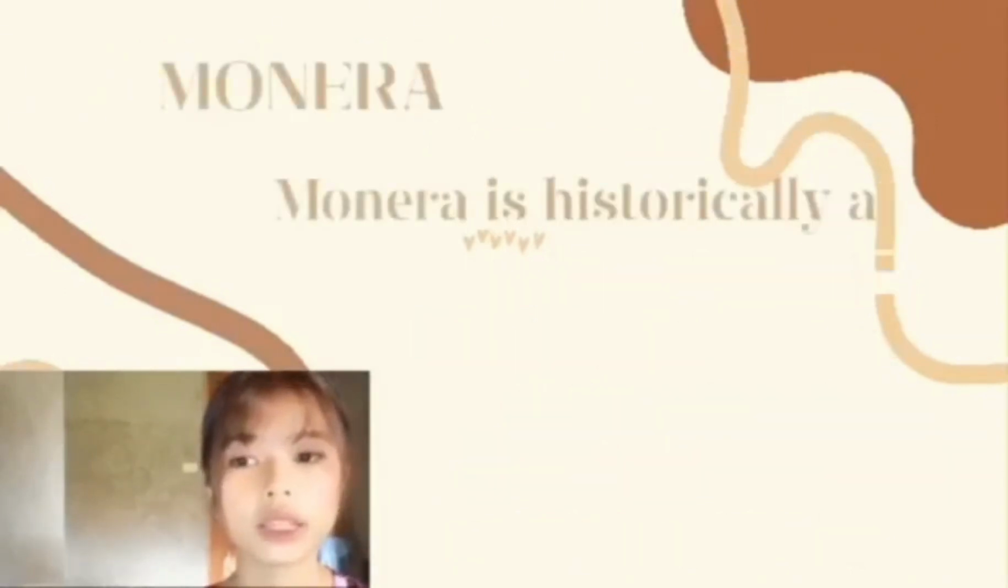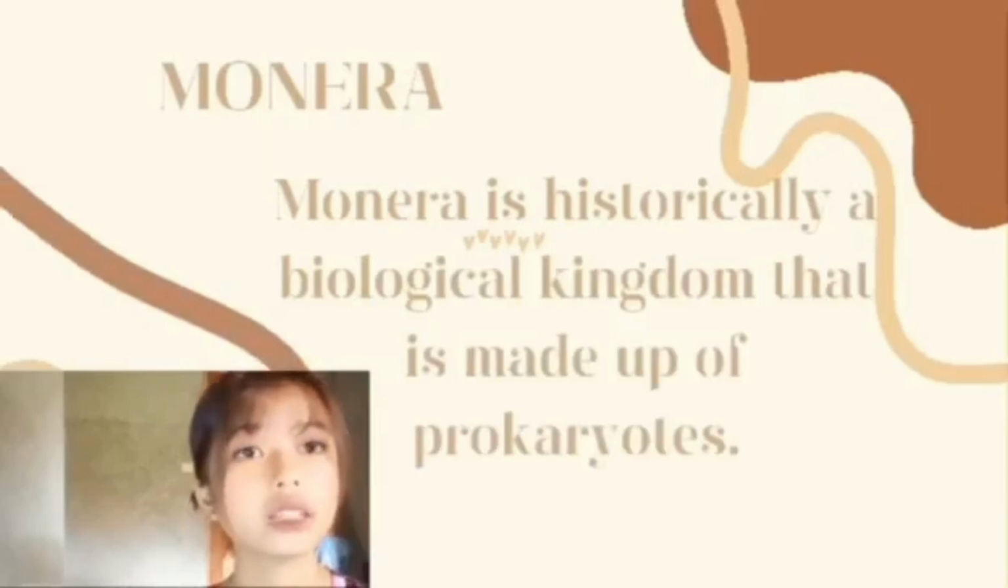So the Monera is historically a biological kingdom that is made of prokaryotes. As such, it is composed of single-celled organisms that lack a nucleus. So the characteristics of Monera are, it is made of unicellular organisms and they contain 70S ribosomes.